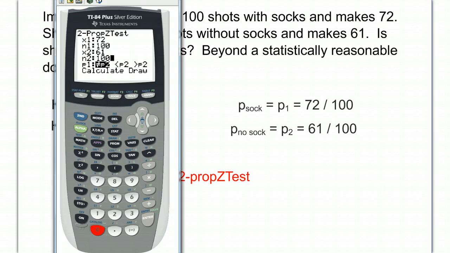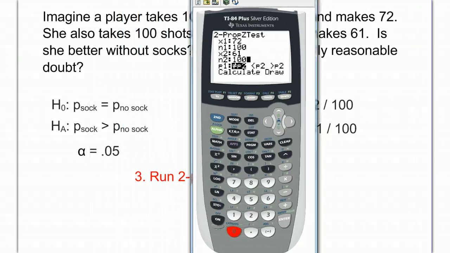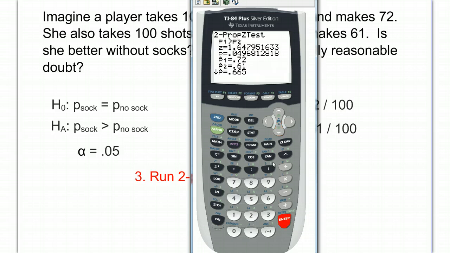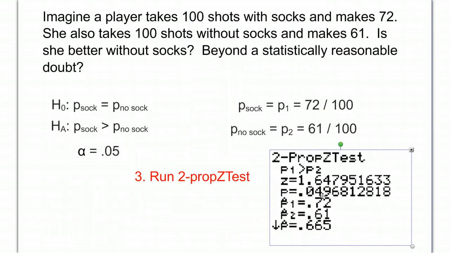We said that our alternate hypothesis is going to be that 1 is greater than 2, since socks is 1. 1 is greater than 2. And then calculate. And as you see here, just keeping sure that everything is very straight and orderly is going to make this calculation step a lot easier in the end.